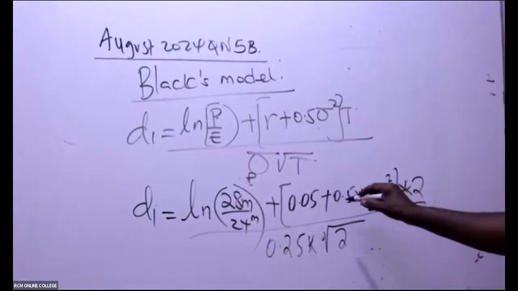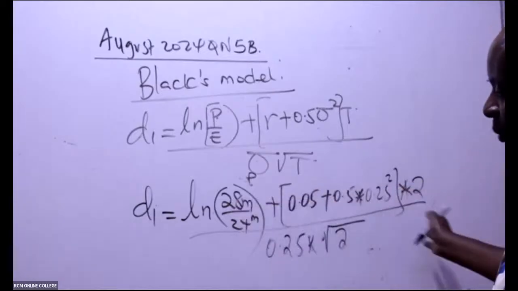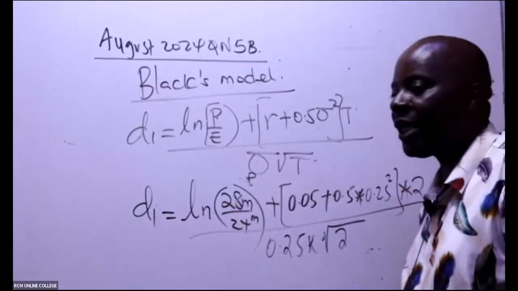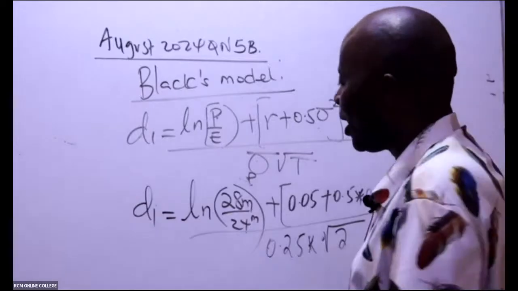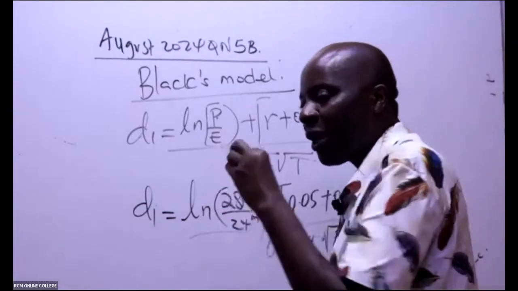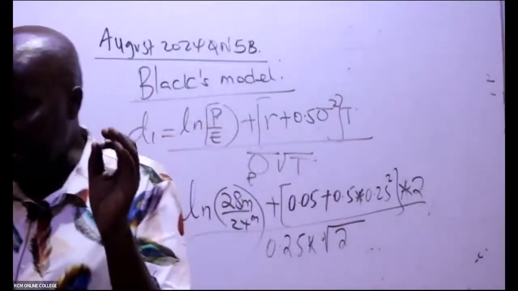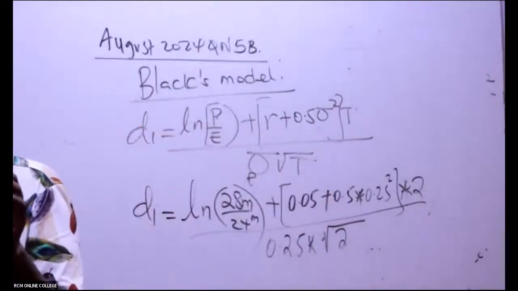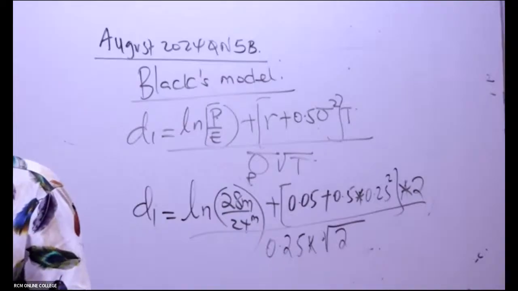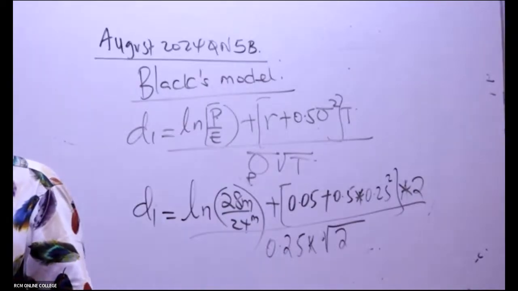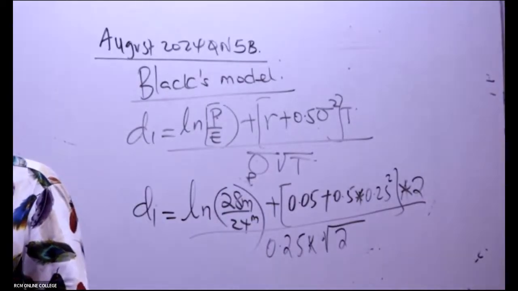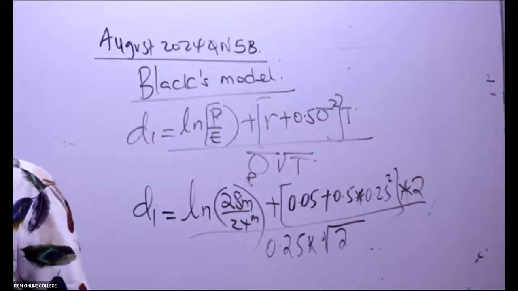So first of all, let's get what we have in the numerator. We shall use any calculator. You say ln. I hope you are able to see where ln is on your calculator. So you say ln, that ln has to come up, and then you open bracket, 28 million divided by 24 million, you close bracket.